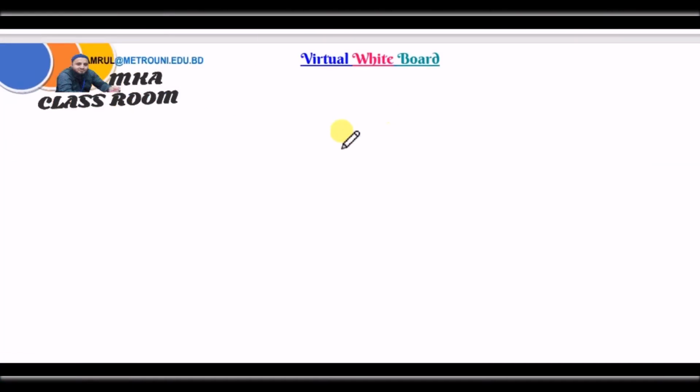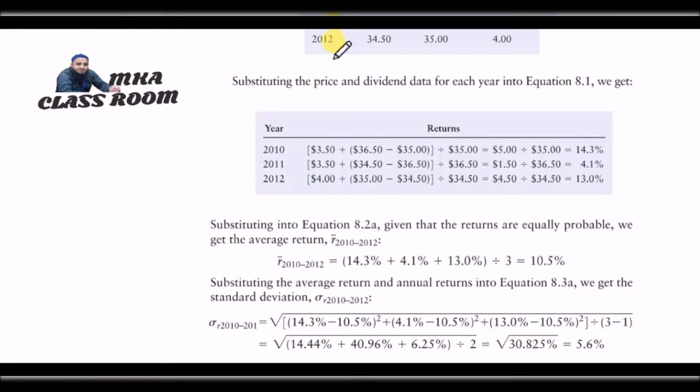Now let us start our calculations. First you have to calculate the return. We know the formula for calculating a return, which we discussed in the previous sections: (Ct + Pt - Pt-1) divided by Pt-1.